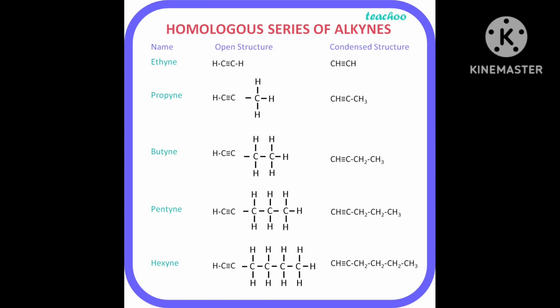Families are called homologous series, H-O-M-O-L-O-G-O-U-S. A family is known as a homologous series because of similarity; minor differences will be there.